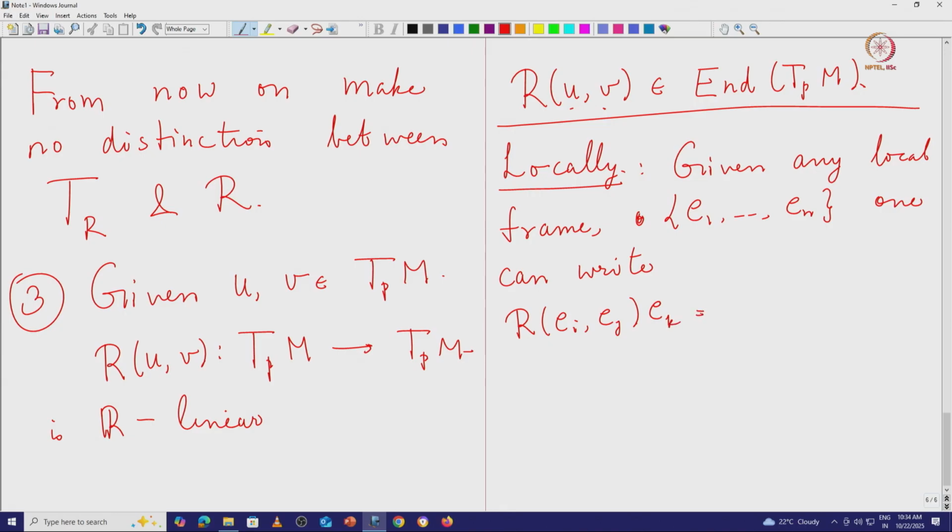So that will be another vector. So you can write that as R_ijk^l E_l.